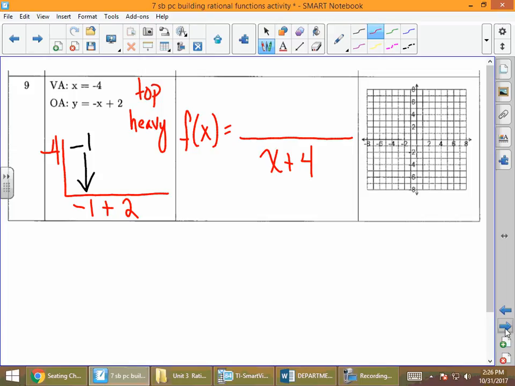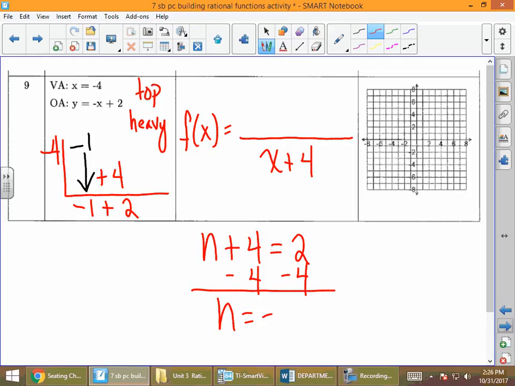Well, that's negative 4 times negative 1 is positive 4. And what we need to figure out is what plus 4 gives us 2. So if you need algebra behind it, n plus 4 equals 2. We can subtract 4 from both sides. And we get n equals negative 2. So I wish I would have written in black there, but so here's minus 2.